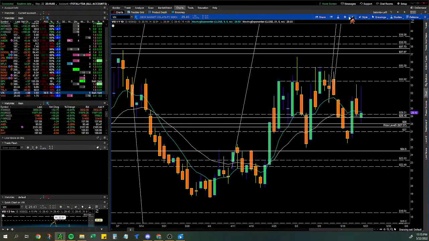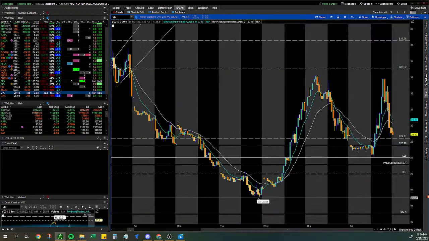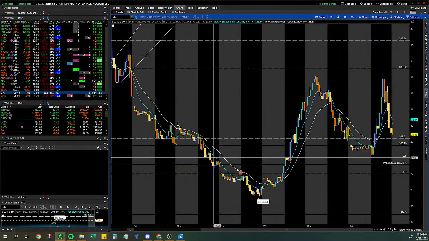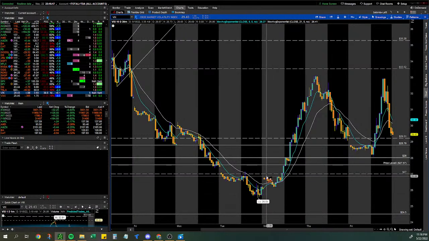VIX is the last thing I'm going to cover on this prep, and then I'm going to wrap it up. Same thing with moving averages on VIX. On those up days, Friday, Monday, Tuesday, VIX rejecting on a 30-minute even, these moving averages. Wednesday, above, support, even before open, back below, back above.